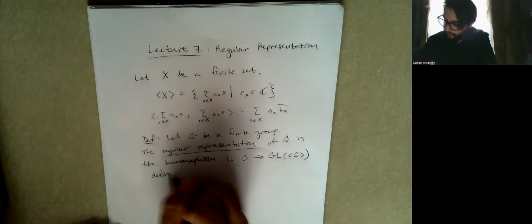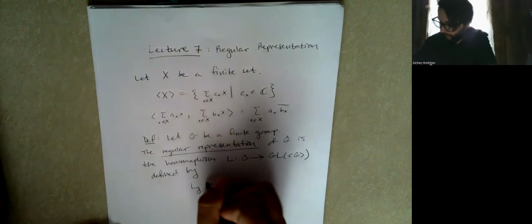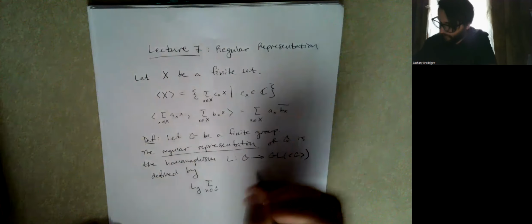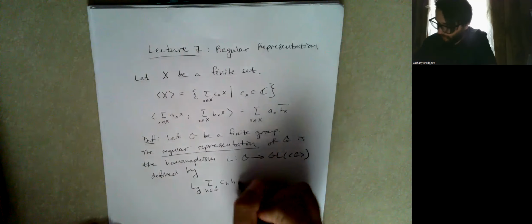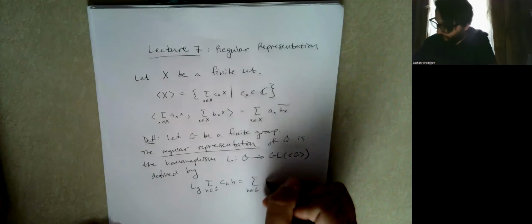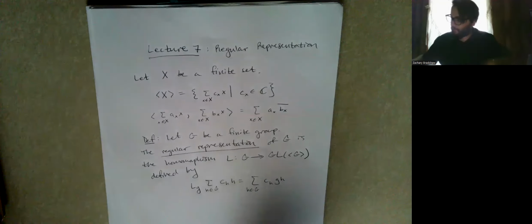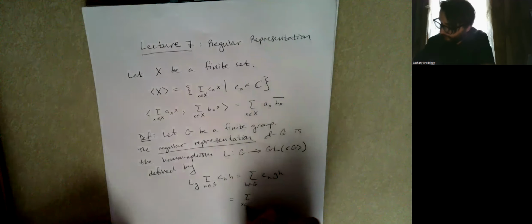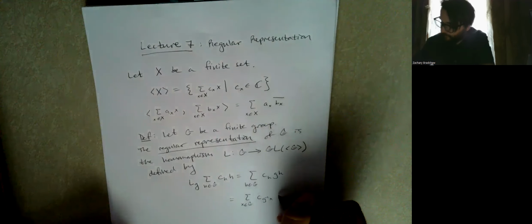Defined by L_g acting on an element of this formal span. How does it act? Well, it acts by left multiplication. And we define it so that it's linear. So another way to write this would be as the sum over x in G of c_{g^{-1}x} times x.